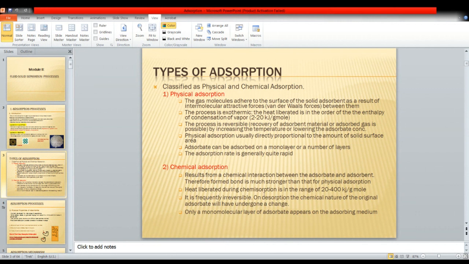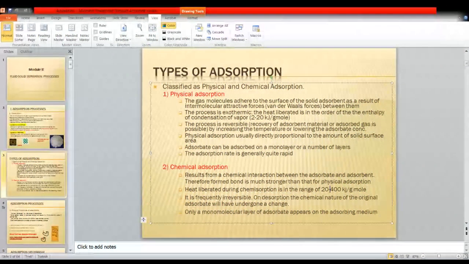Heat liberated during chemical adsorption is in the range of 20 to 400 kilojoules per gram mole. So it means more heat is evolved than in physical adsorption. It is frequently irreversible. You cannot reverse it. You cannot regenerate the adsorbent.